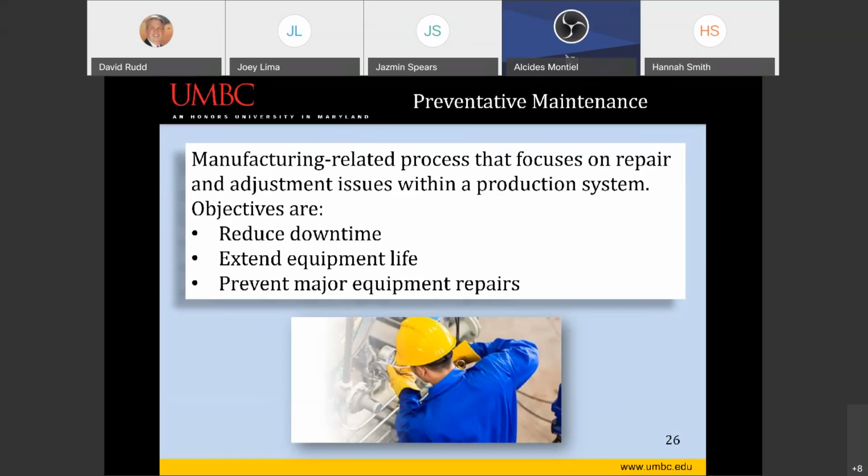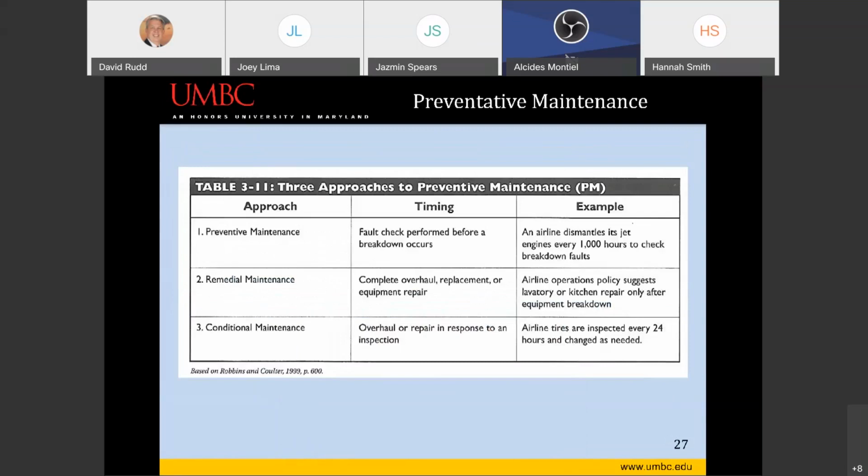It also extends the equipment life and prevents major equipment repairs. So I can really relate to preventive maintenance because I have this motorhome that, anytime I go for an oil change, it's $600. It's really expensive, but compared to the cost of ruining a diesel engine like that, $600 is worth paying.